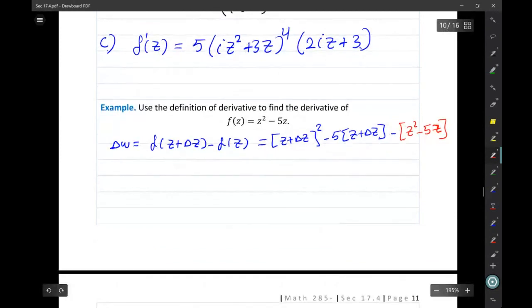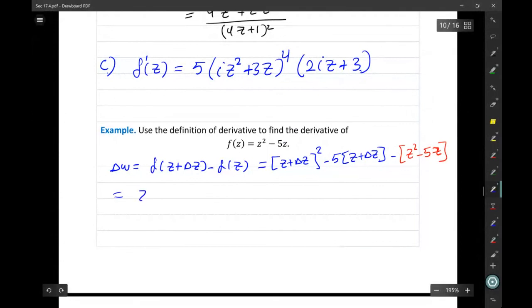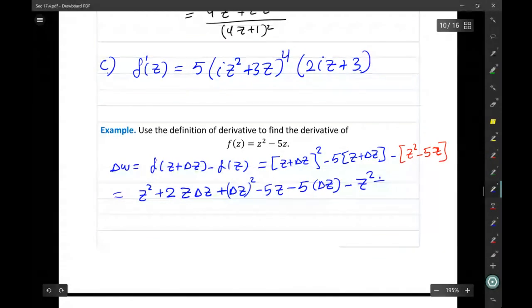Now I need to simplify this delta w. See how we do the simplification. (z plus delta z) square becomes z square plus 2z delta z plus delta z square, minus 5z minus 5 delta z minus z square plus 5z.